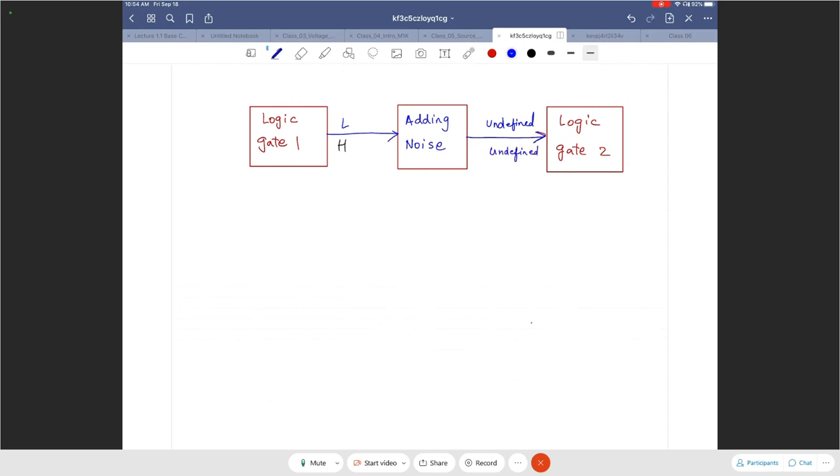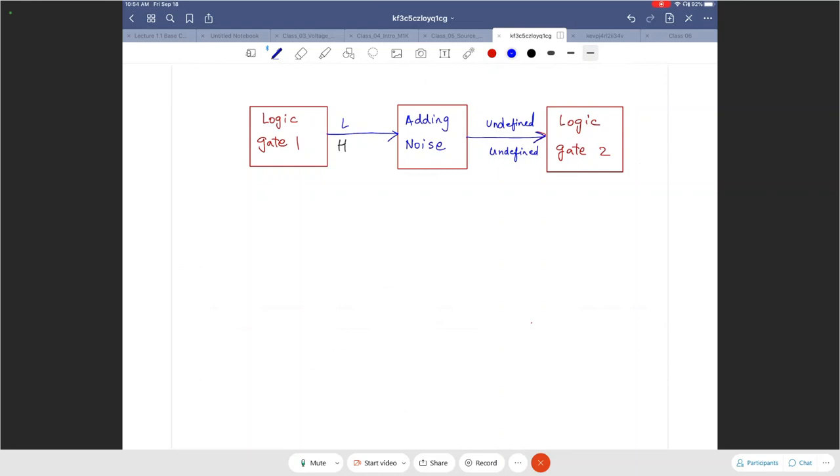Right? So we said for CMOS technology, there are ranges of voltages. For example, any voltage between 3.5 and 5 is high, and any voltage between 0 and 1.5 is low. We established that. Now, when we add some noise to those low and high voltages, we may end up in the invalid region or the undefined region, which is between 1.5 and 3.5.